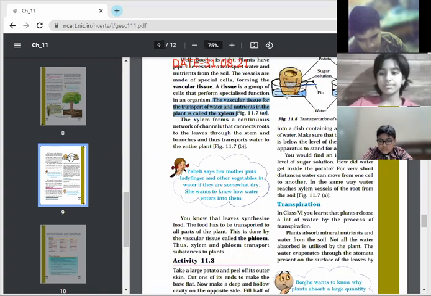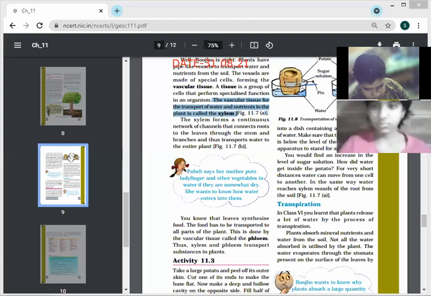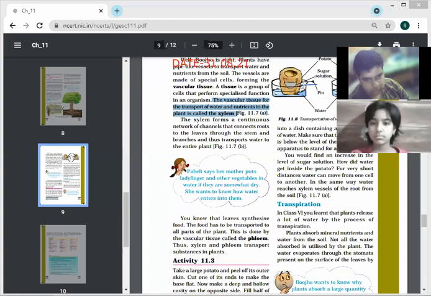This pin shows the level of the sugar solution inside the potato. Now, where do we put that potato? Put that potato inside water. But you have to see that the level of the water in the container should be below the pin. See, here is a pin and the level should be below the pin.